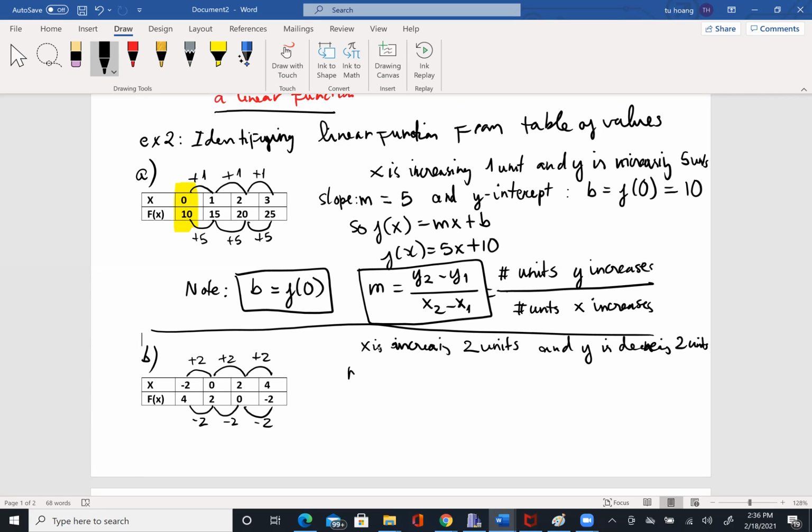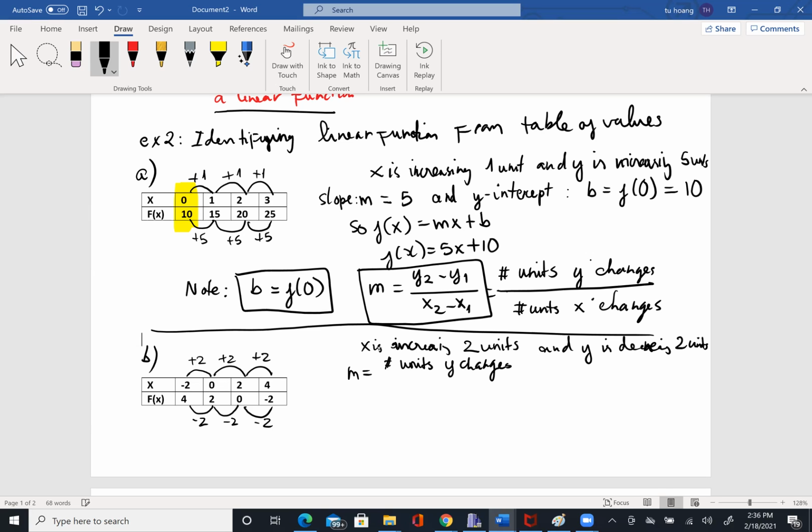We take the slope m to be equal to the number of units y changes over the number of units x changes.